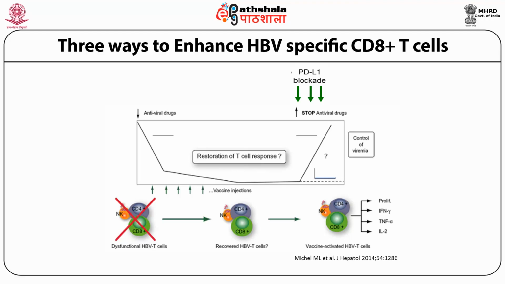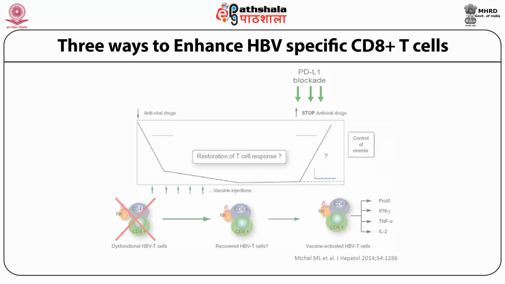PD-L1, as I explained, is present on the monocytes. Now this blockade, when you give it, will give you more enhancement in the immunity. This is better explained by Michael M. et al. and published. They have these studies in Journal of Hepatology 2014.